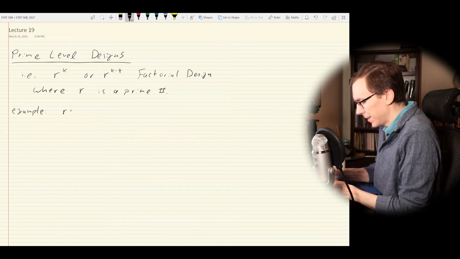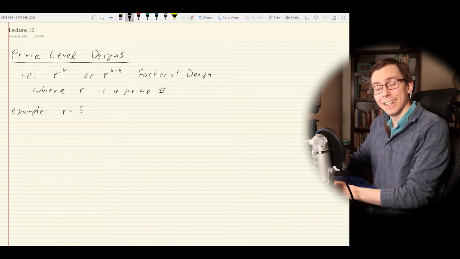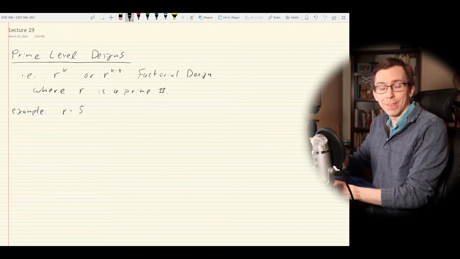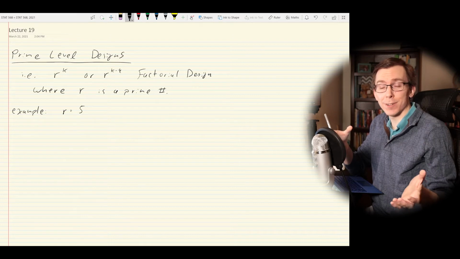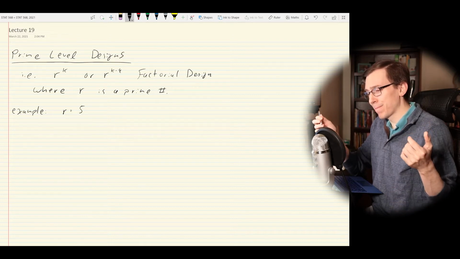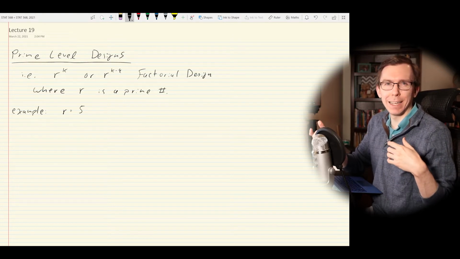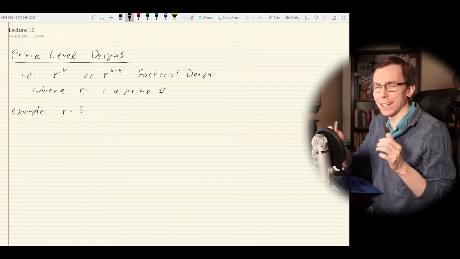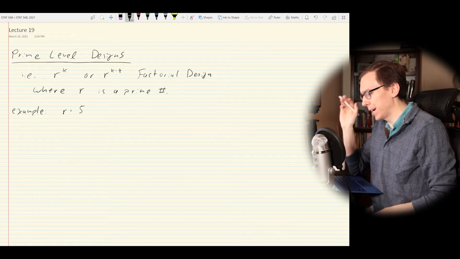If we have R equal to 5, then our arithmetic is going to be mod 5. Again, when we did the binary or 2-level factorial designs, we were just adding mod 2, and a lot of that was multiplying plus and minus 1, because the two are equivalent ways to think about the same mathematical object.